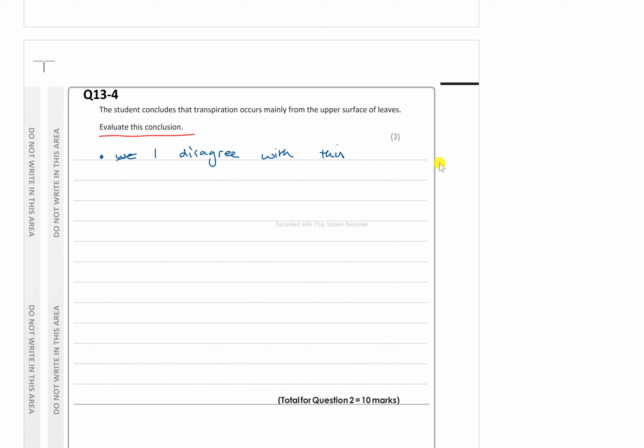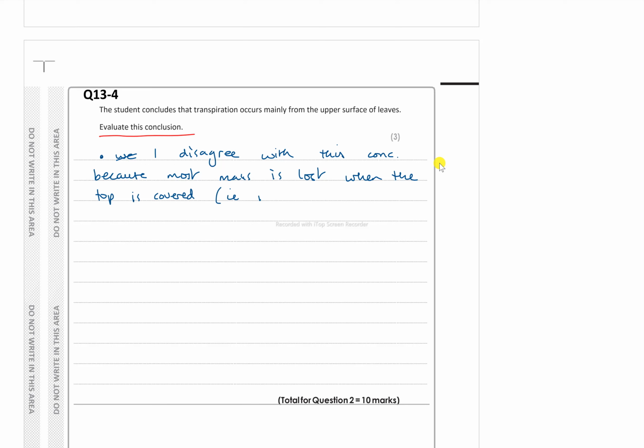I disagree with this conclusion. Why? Because most mass is lost when the top is covered.